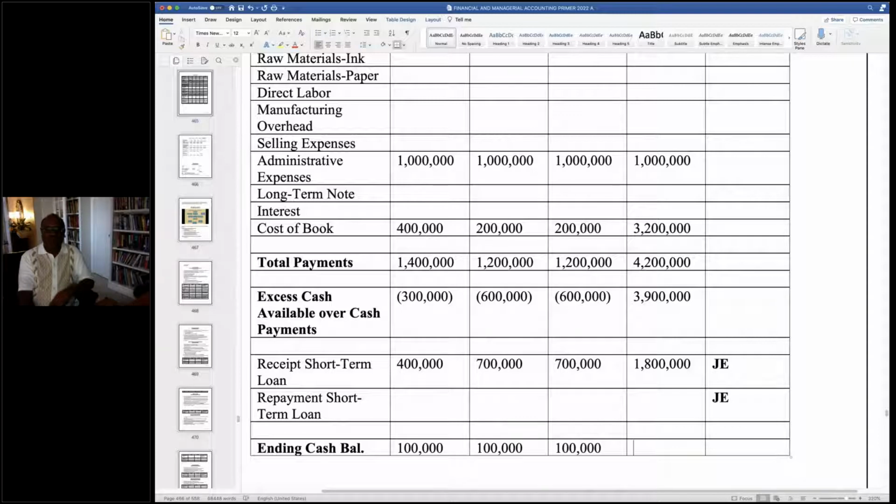Now you paid your loan. Oh, you have to subtract it. That's wrong. So it's going to be 2,100,000.